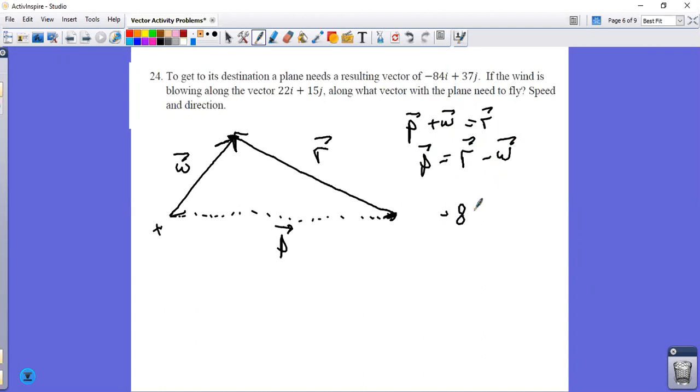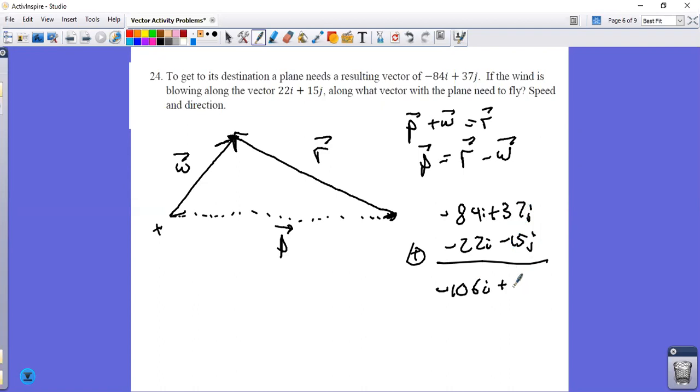So the negative 84i plus 37j, add negative 22i minus 15j, and negative 106i plus, what's that, 37 minus 15, 22j. So it has to fly along that.